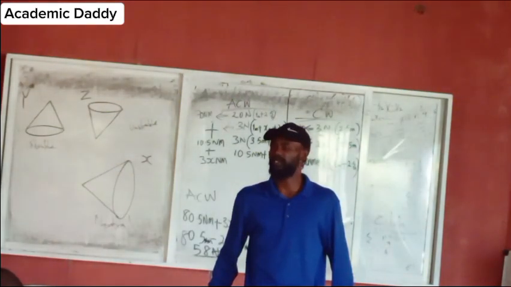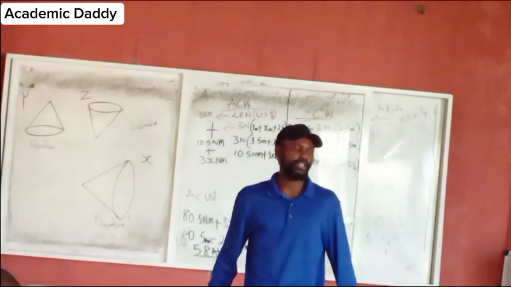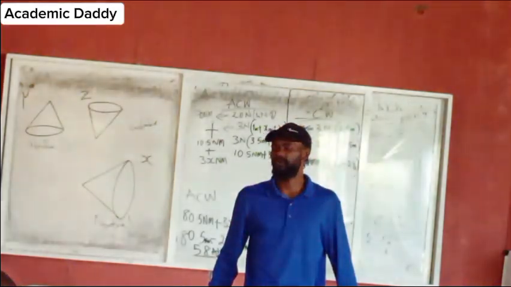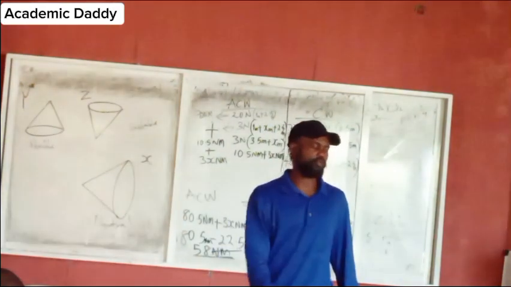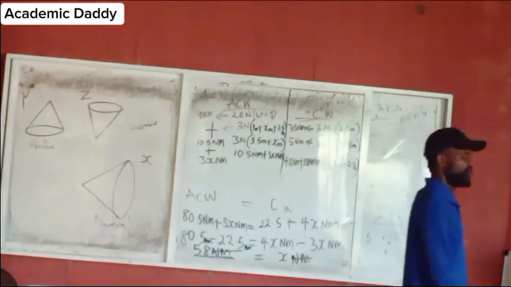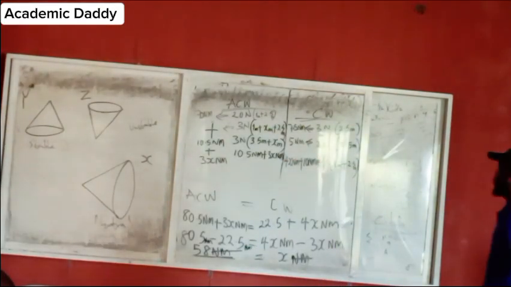You know that dynamic means kinetic, it has to do with something that is moving. So for dynamic equilibrium to be achieved, velocity has to be stable, it has to be constant. And we know that at constant velocity, what happens?